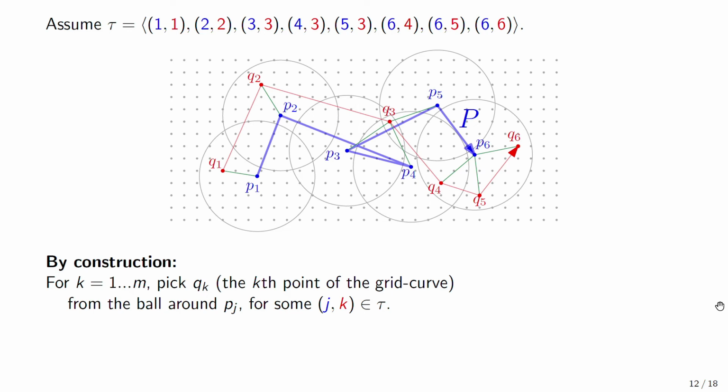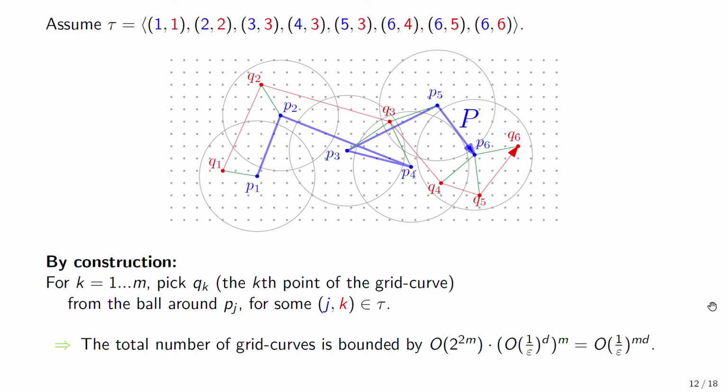Now, since we pick each point of the grid curve from a ball that contains (1/epsilon)^d points, the total number of grid curves for a fixed alignment is order of (1/epsilon)^(md). Therefore, the total number of grid curves is bounded by the number of alignments multiplied by the number of curves per alignment, which is in total order of (1/epsilon)^(md).